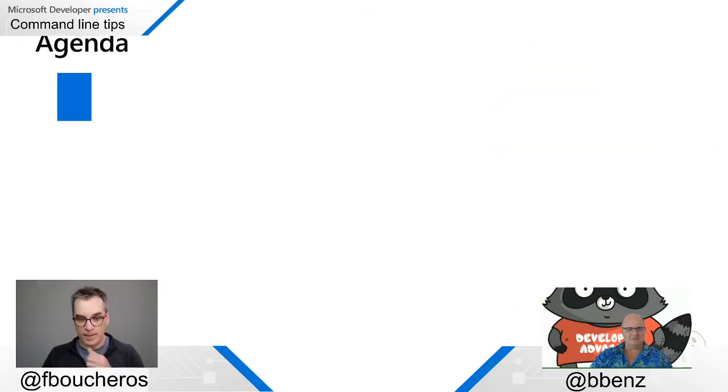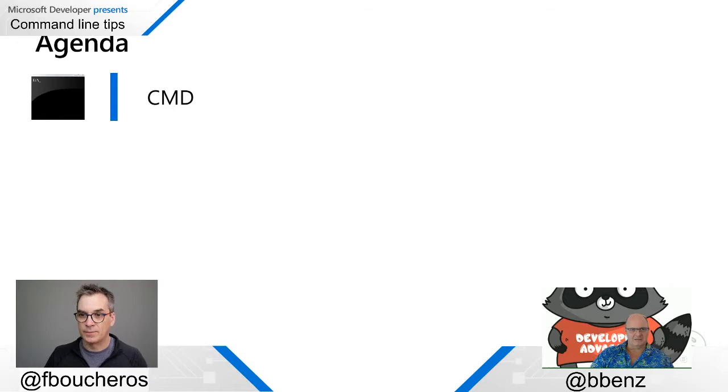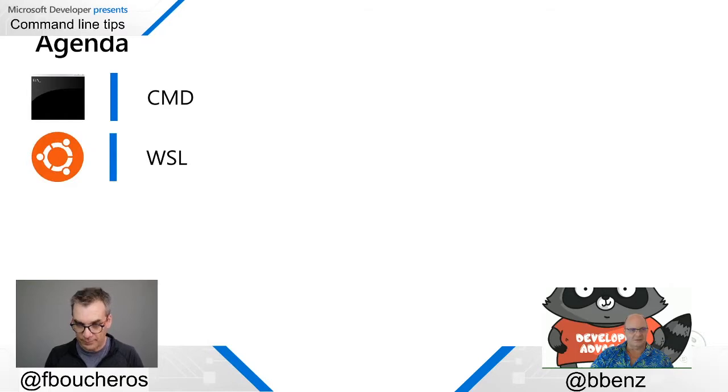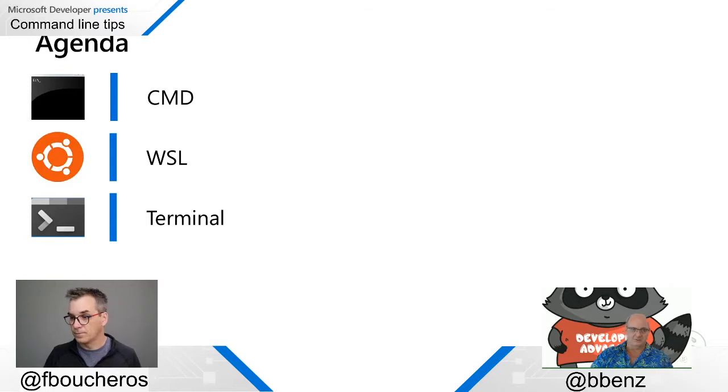Today I'm going to cover the command line, the thing that Windows users are very familiar with. I'm going to cover something called the Windows Subsystem for Linux as well. If you're not familiar with that, I'll explain it. And then the relatively new Microsoft Terminal, I'm going to show you some cool new features with that.